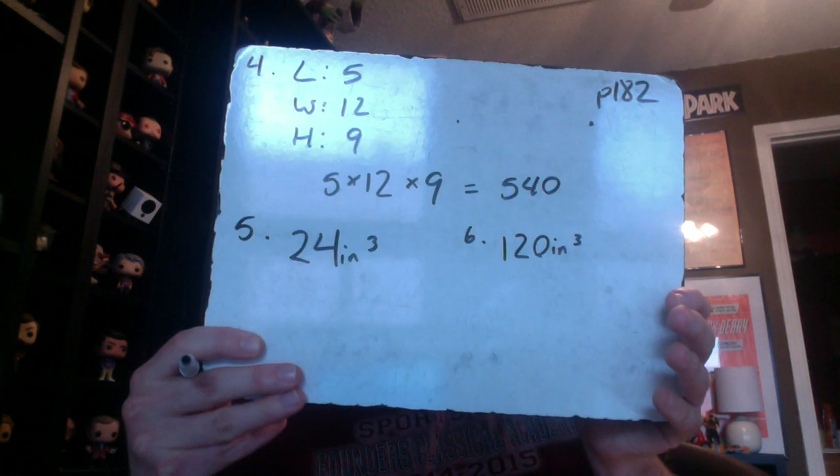Times 9, 6 times 9 is 54, add a 0 at the end, 540 centimeters squared. Number 5, we need to multiply. 3 times 4 is 12, times 2 is 24 inches cubed. Number 6, 5 times 8 is 40, times 3 is 120 inches cubed. Let me fix the number up there. Page 182.